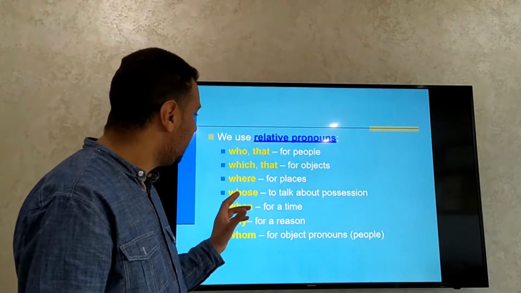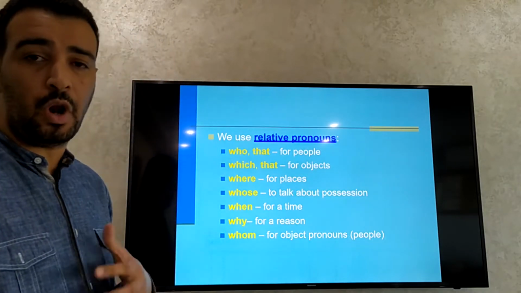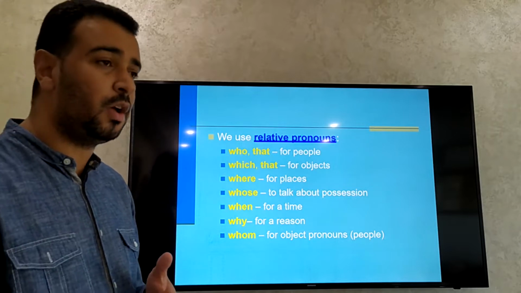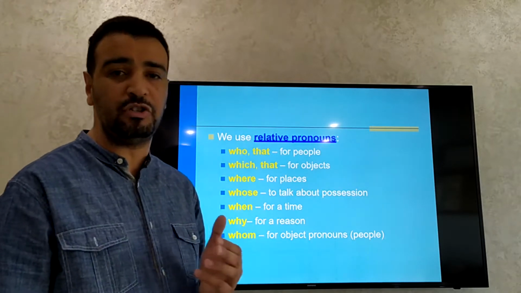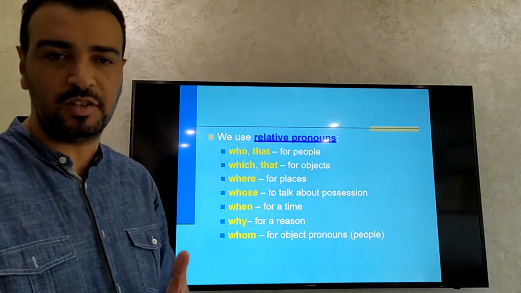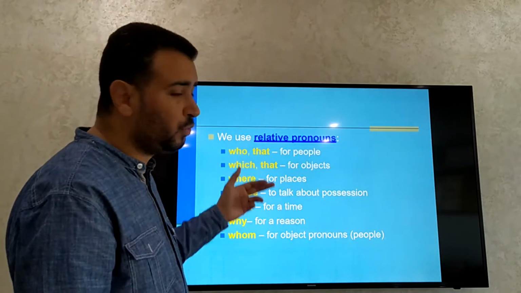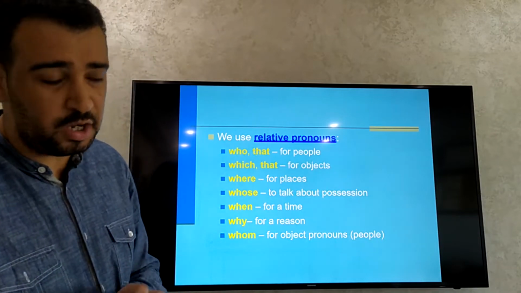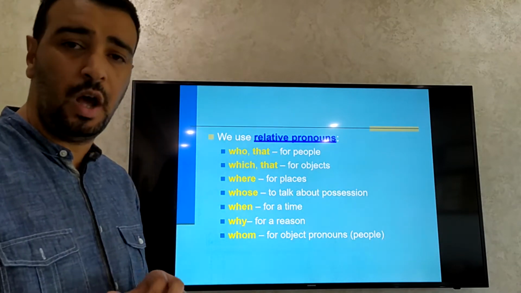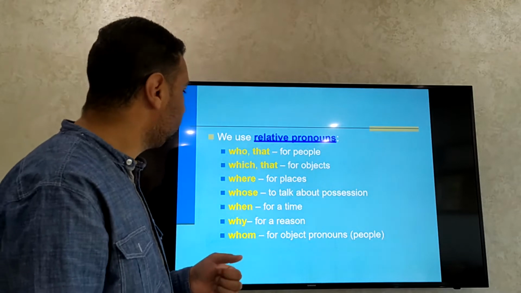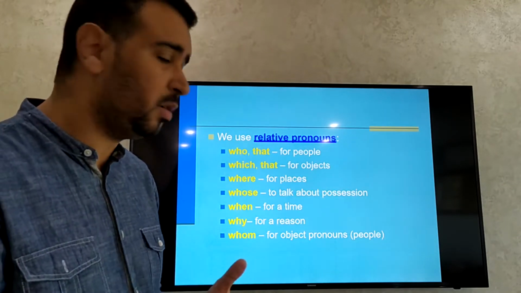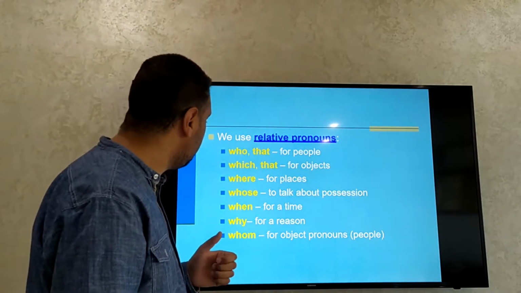After that, we have which or that for objects. So, for instance, this is the cat which I bought or which I saw, etc. And as you can see, that is used for both cases. It goes with people and it goes with objects. So if you're not sure, it is possible to use that.